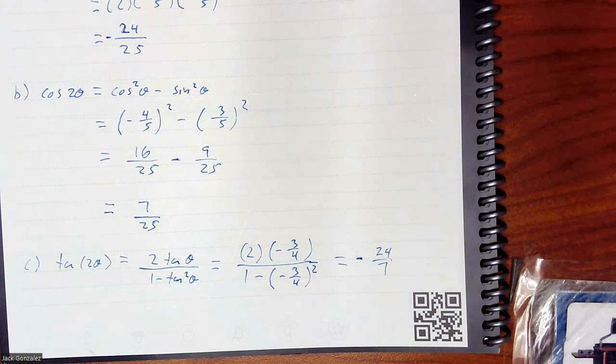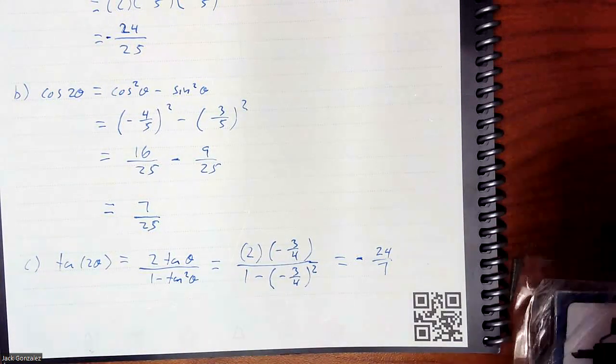That'll become -6/4 times 16 over 7, right? Is that right? 2 times -3/4, so it was given to us. 1 minus tan squared would be 9/16. I don't think this is right.